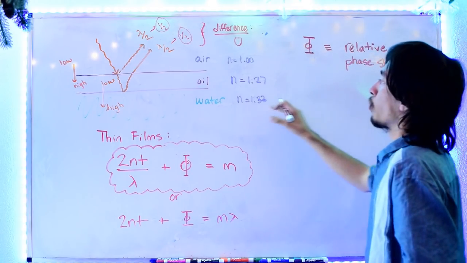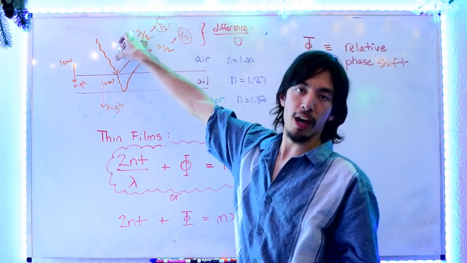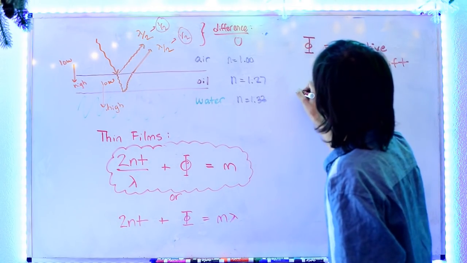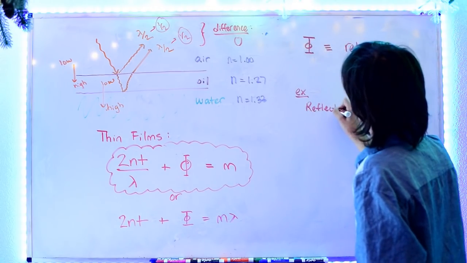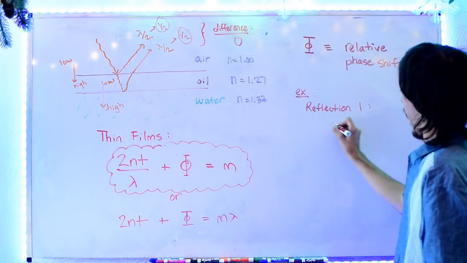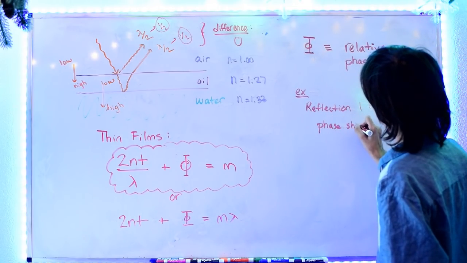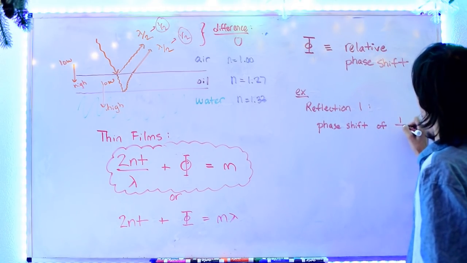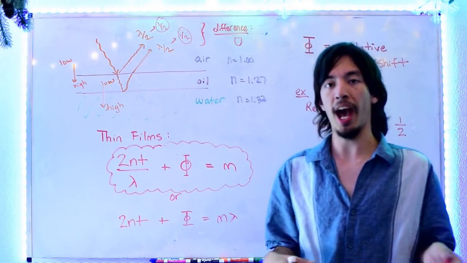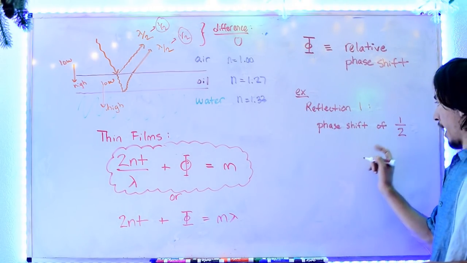Okay, so in other words here, in our example, the phase shift on reflection 1 has a phase shift of a half. It's implied that it's half of a wavelength, basically. But phase shift of a half.